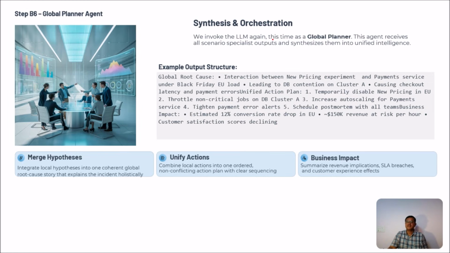We invoke the LLM agent this time as a global planner. This agent receives all the scenario specialist outputs, synthesizes them, and gives a unified intelligence output. The global root cause is the interaction between the new pricing experiment and payment services under Black Friday EU load, leading to DB connection exhaustion on cluster A, causing checkout latency and payment errors.